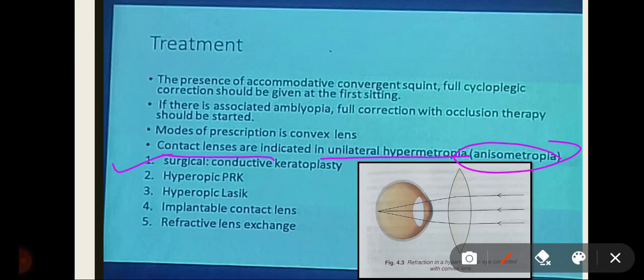For surgical treatment, we use conductive keratoplasty, hypermetropic PRK, and hypermetropic LASIK.